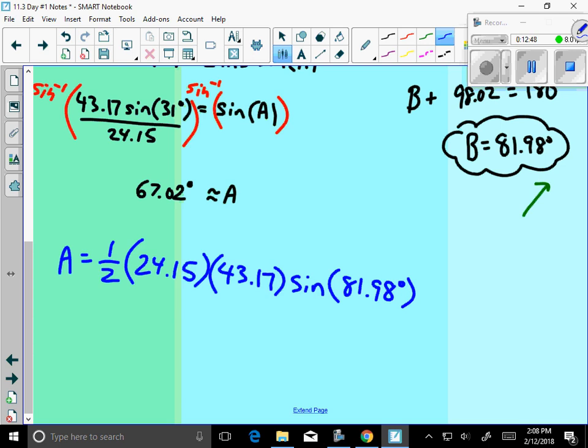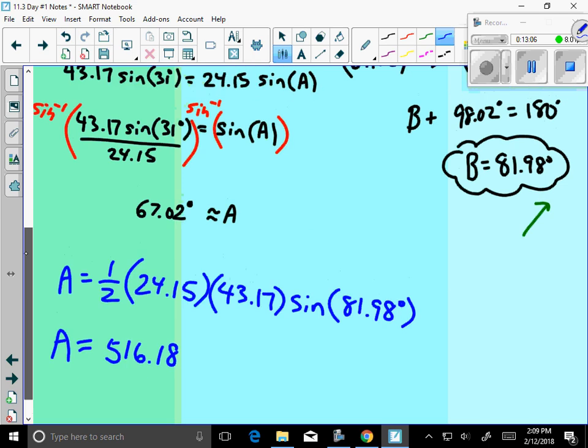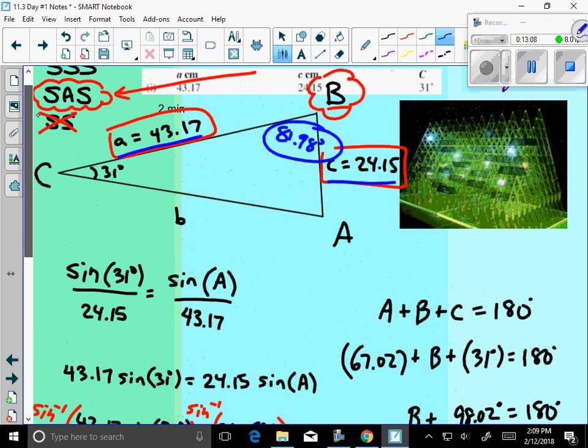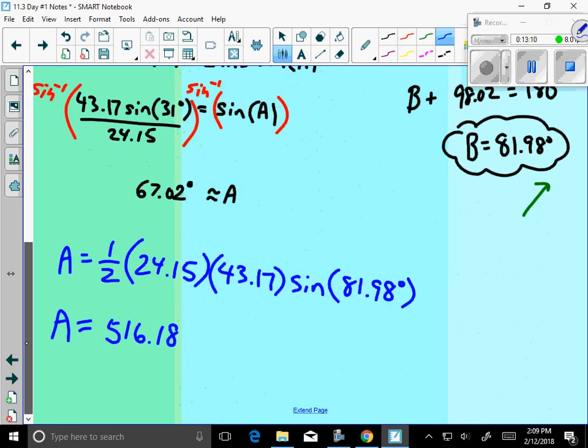I'm going to do some calculation while you do it and see if we all get the same answer. Okay, my calculator is telling me 516.18. Can we confirm? Okay. So the area of this triangle is approximately 516.18 centimeters. Centimeters it is. Centimeters squared.